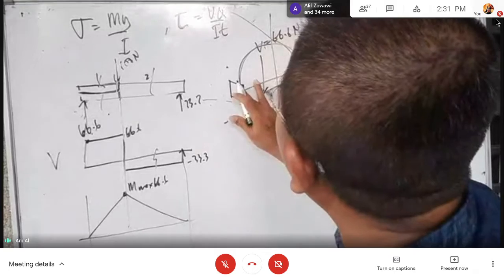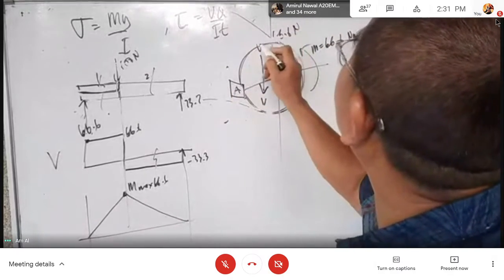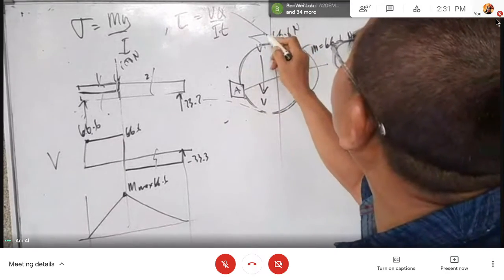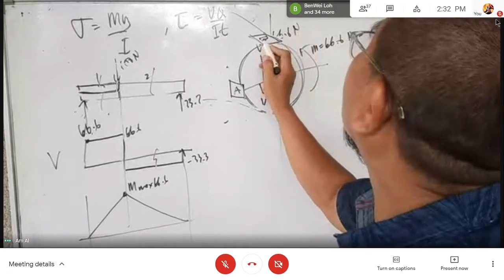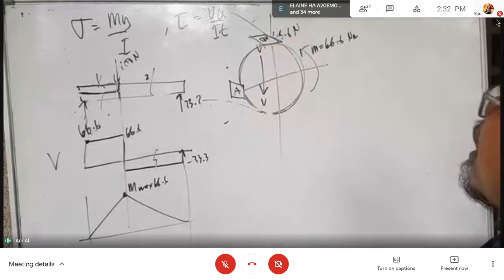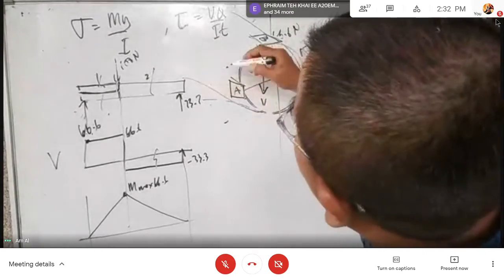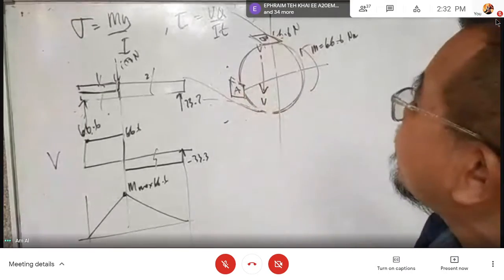This is element A. And look at the top there, see that the B there? Just draw at the surface on the side and top there.